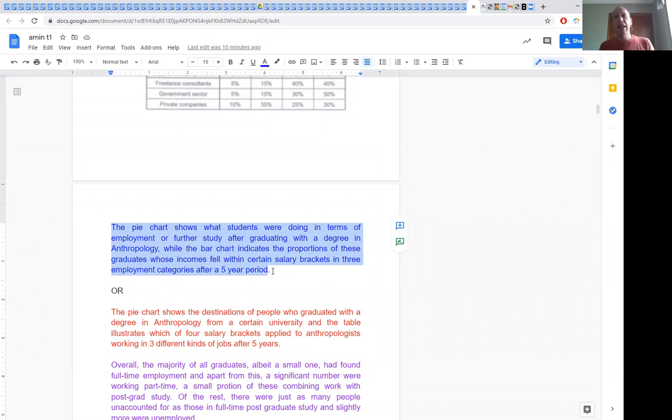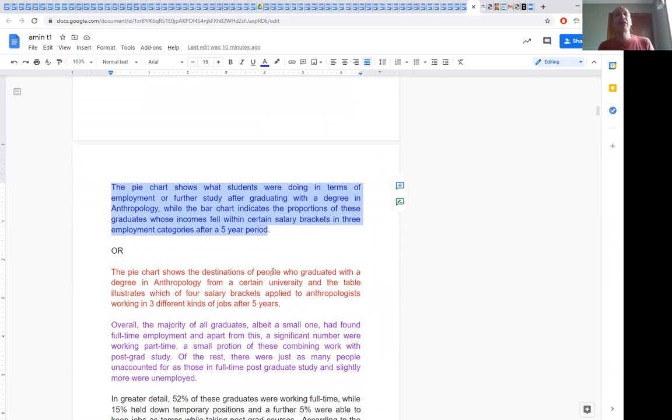I mean, it is possible to maybe cut that down a little bit, and I'll show you how to do that in the short version. But here's a slightly faster version with maybe one less line. The pie chart shows the destinations of people who graduated with a degree in anthropology.